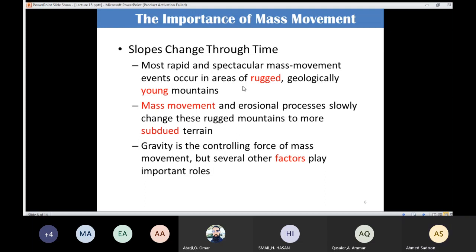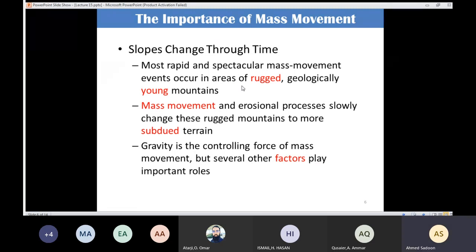Okay. And through time, the mass movement and the erosional processes slowly are going to change this rugged mountain to subdued terrain, which means that first I have an area which is not even.